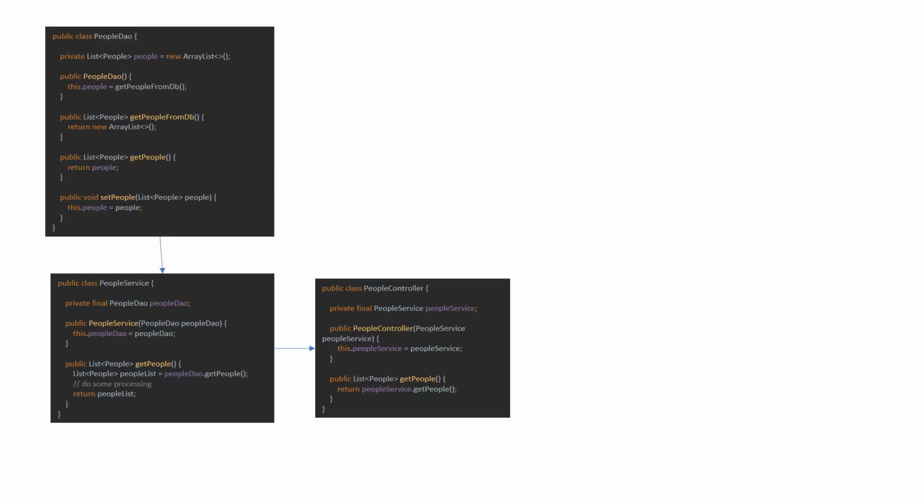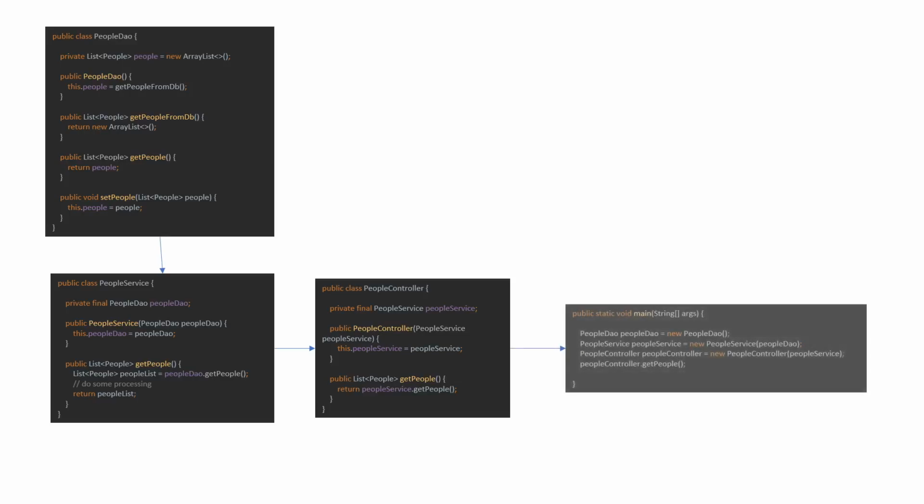Doesn't matter. And let's say you have a main method, and for you to call the get people method in people controller, you will need to have all this necessary configuration. So you will need to create a new instance of people controller, but the functionality of the people controller class is dependent on the people service class.